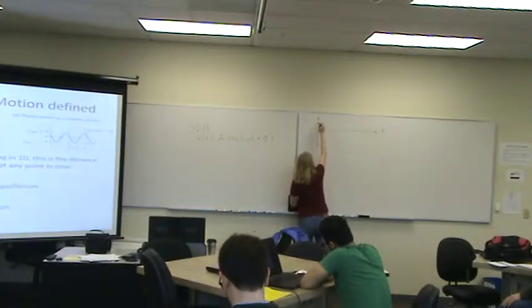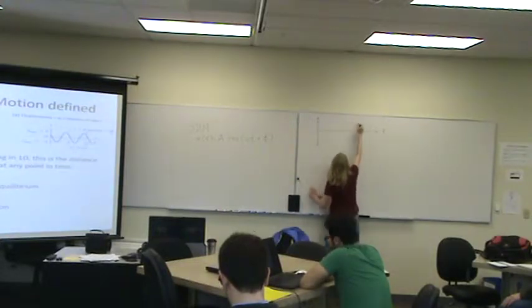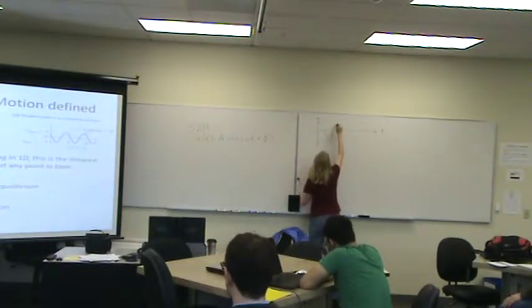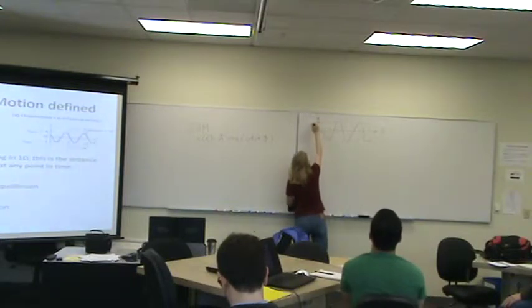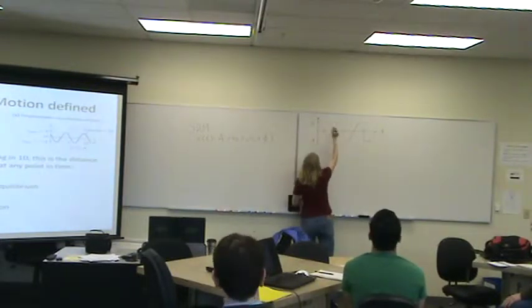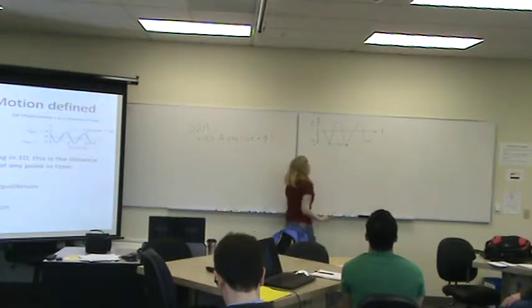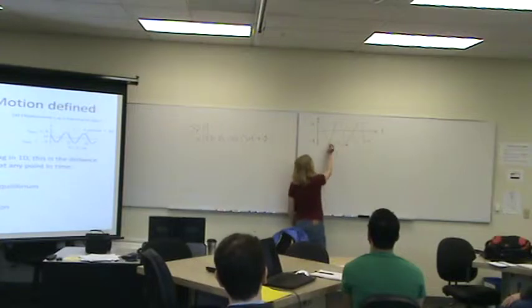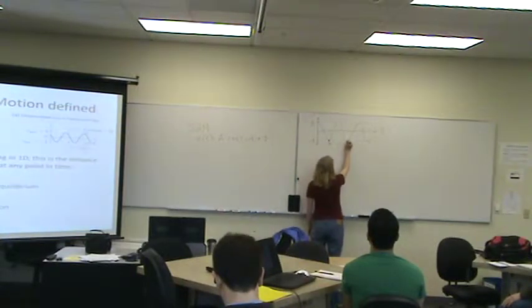And you might see, instead of A for amplitude, you might see X max used. And then this graph shows, of course, that the period is going to be the time for one cycle. Just pick a point on the sinusoidal curve and find where that point happens again the next time.